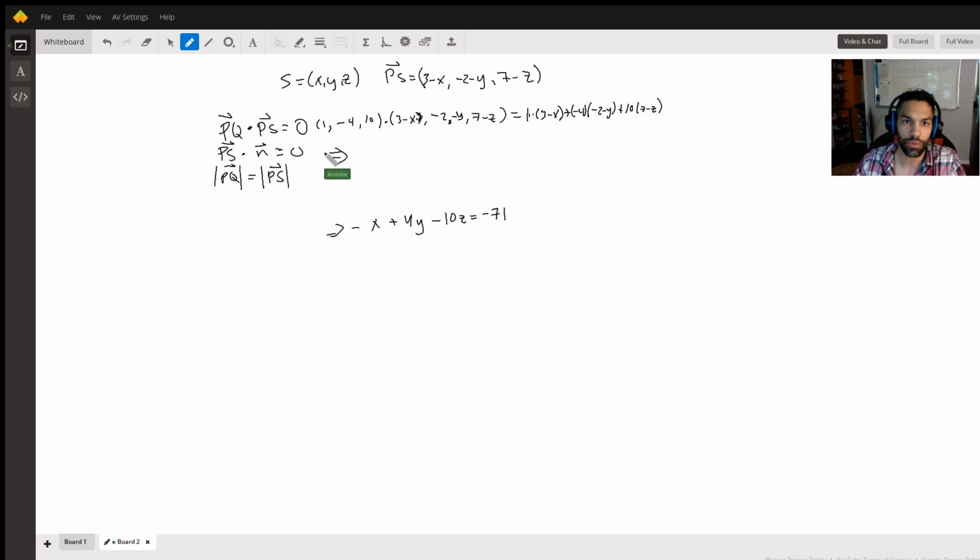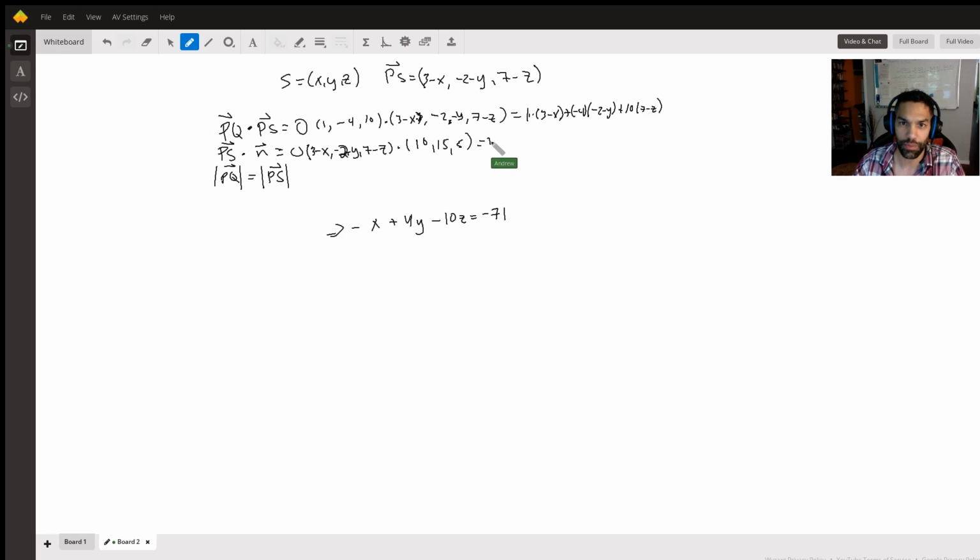Now, the second one here, similarly, since we found the values for n and we now also have PS, this is the same thing, which is 3 minus x, negative 2 minus y, 7 minus z, and that's dotted with our values for n, which we got were 10, 15, and 5.